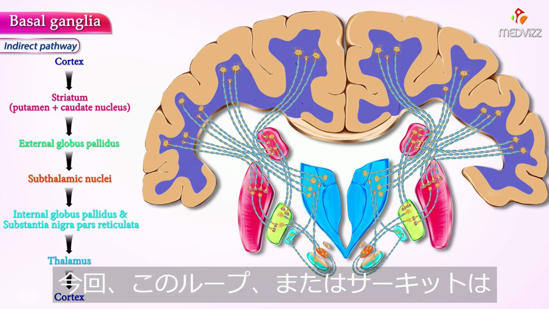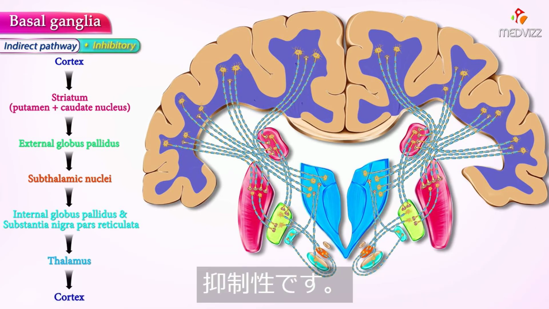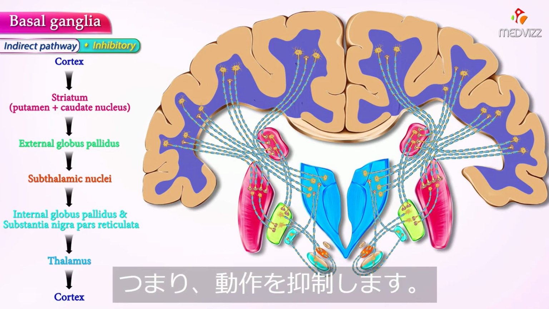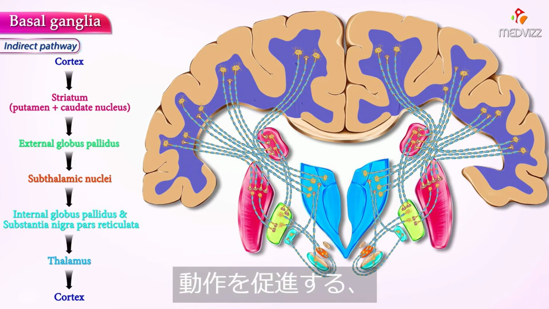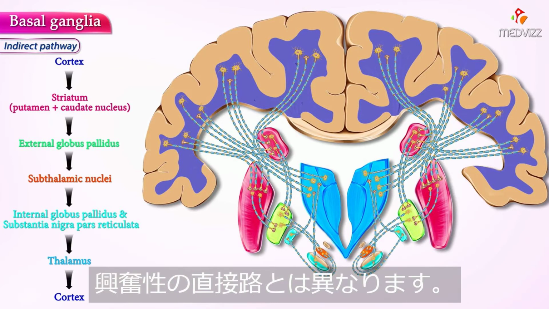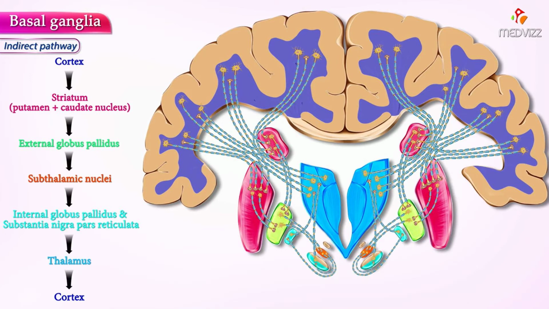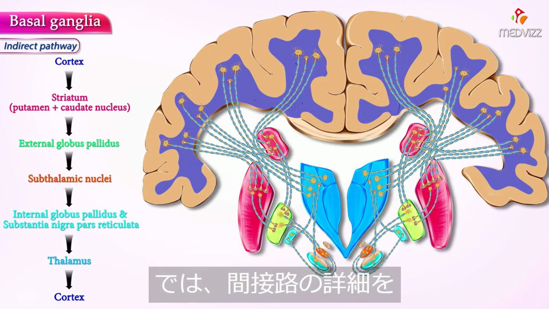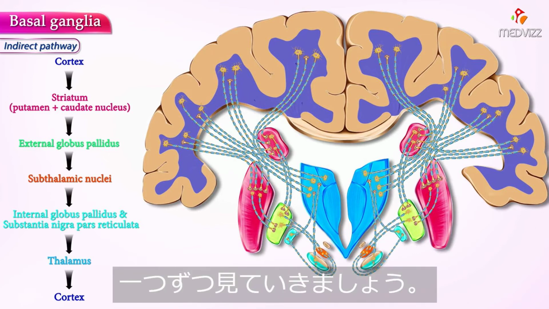Now this loop or circuit is inhibitory, which means it inhibits movement, unlike the direct pathway, which is excitatory, wherein it promotes movement. Now let's get into the details of the indirect pathway step by step.